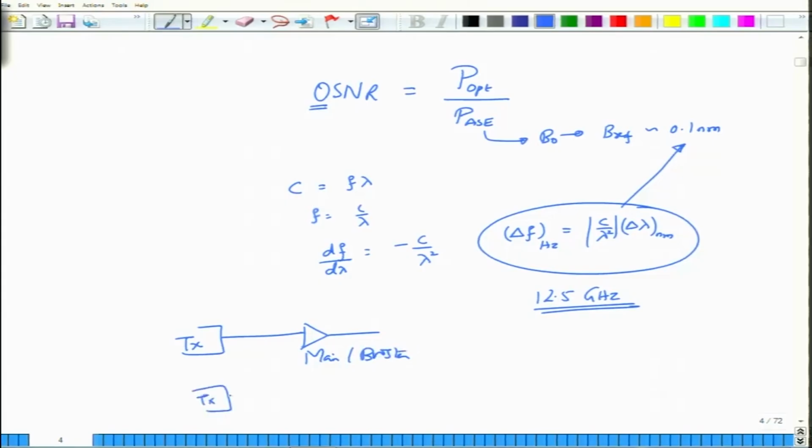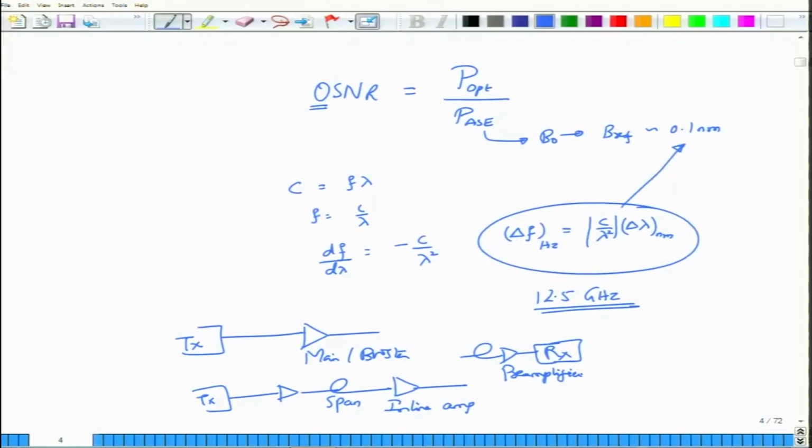Then you have a transmitter, a booster or main amplifier, fiber, and then an inline amplifier after the pulse has propagated over one span. And at the receiver, just before the signal comes in from the fiber, after the last mile of the fiber, you have one more amplifier which is called the pre-amplifier.